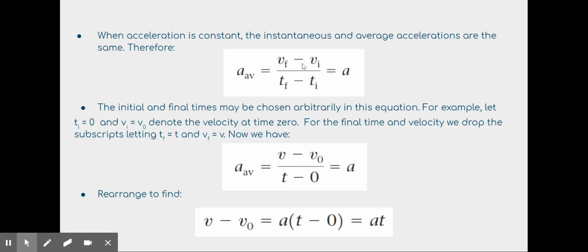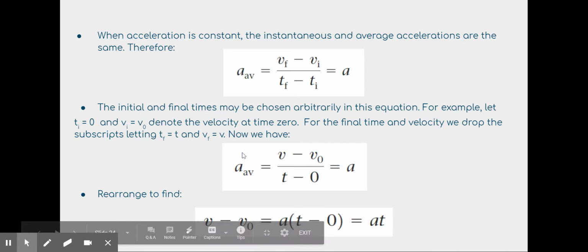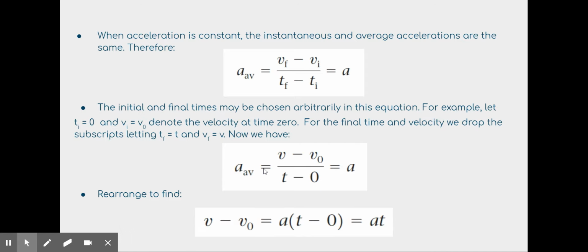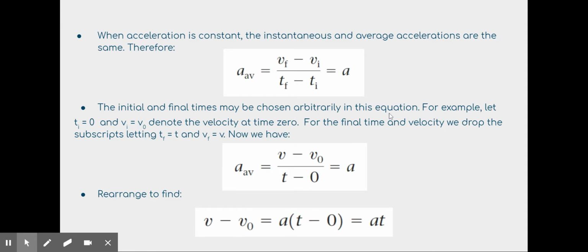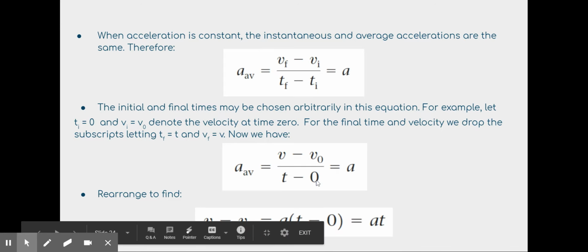And that's equal to delta V, or V final minus V initial, over delta T, T final minus T initial. The initial and final times, well, we can just choose those arbitrarily. It really doesn't matter. So let's make the initial time 0. And let's just say that our final time is some time T. So we're going to replace TF and TI with T and 0. So T minus 0.